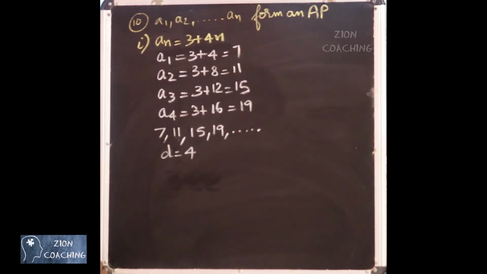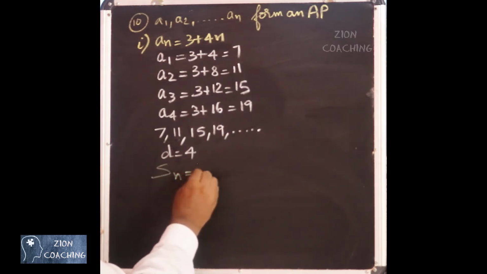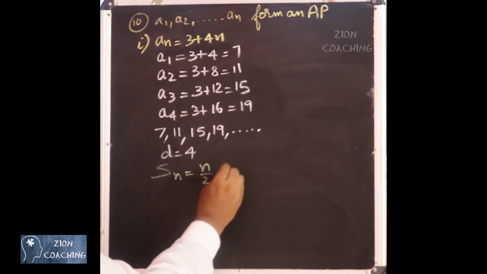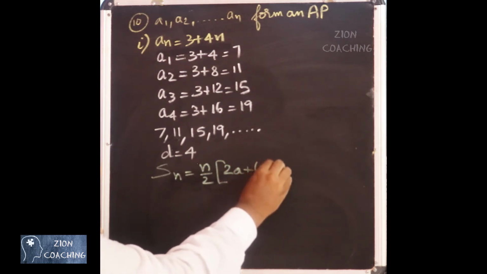We are asked to find sum up to 15 terms. Since we know our A value and D value, we are going to use the formula sum up to n terms is equal to n by 2 into 2a plus n minus 1 into d.